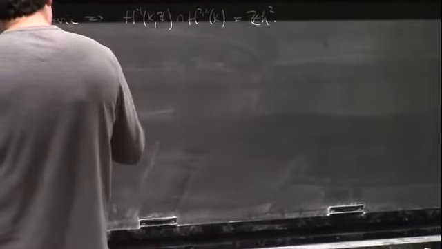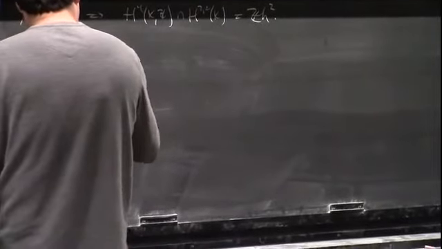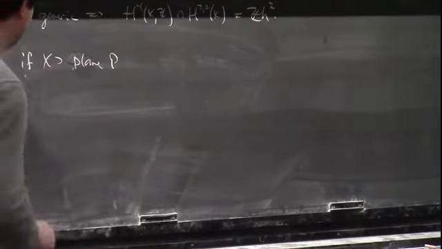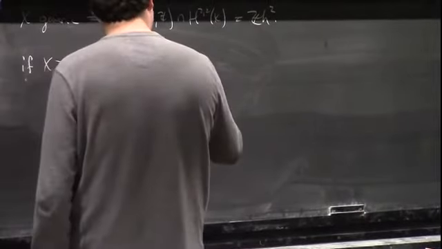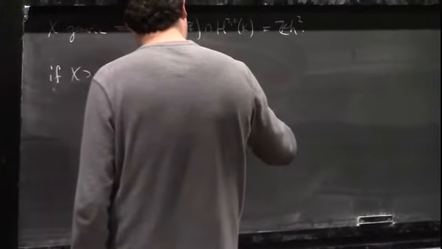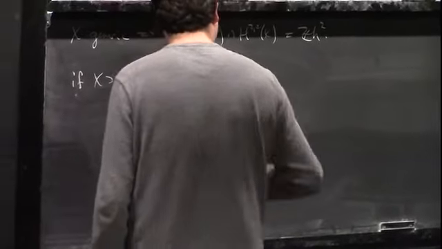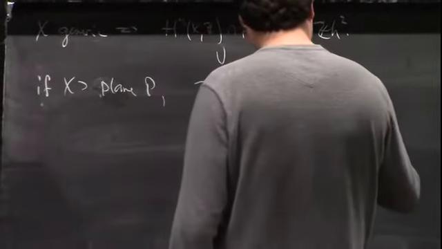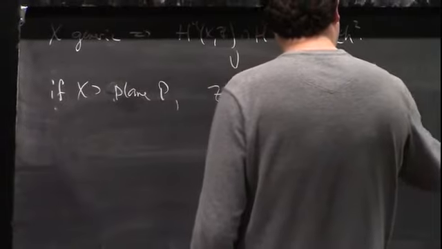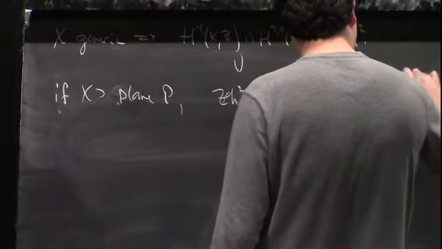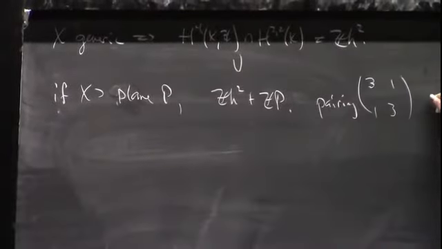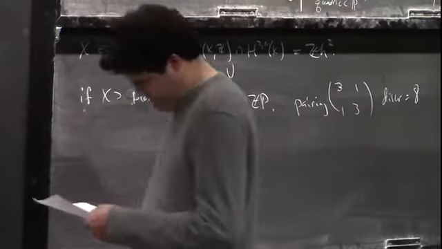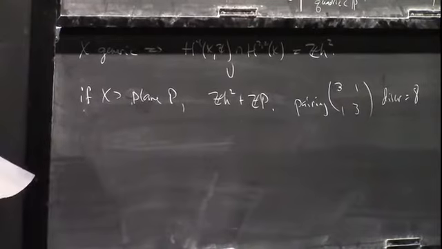If X contains a plane, for example, then we get the lattice spanned by Z times H squared and Z times the plane inside of here. And the pairing you compute is (3, 1; 1, 3). And the discriminant of this, calculate, is 8. So that gives you a flavor of what I'm going to say.